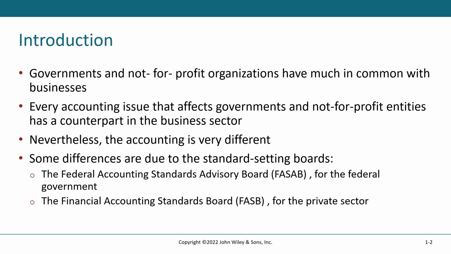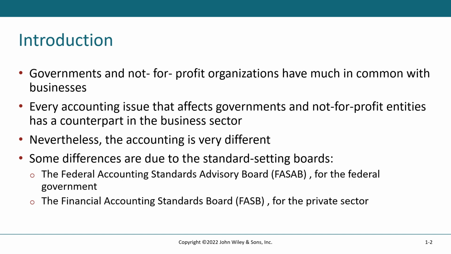However, in a nonprofit setting, the presentation of that data does follow a slightly different path than that of a for-profit setting. And that's primarily due to different standards that are set by the standard setting boards, as you see on this slide. In a federal government setting, there's the Federal Accounting Standards Advisory Board that sets the accounting standards for federal government entities.